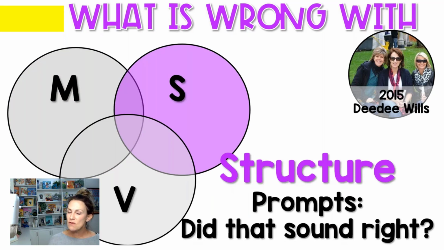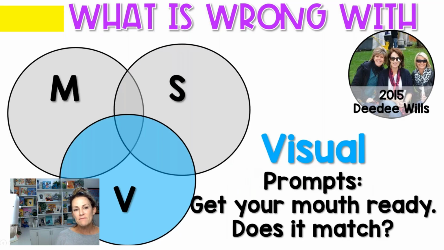If they were looking at structure, we would ask them to think about the structure of the sentence, put a word in there, and ask ourselves, did that sound right? And then visual, we might ask them to get their mouth ready and then see if that matches. Another visual in those pre-reading ages, kindergarten, maybe even 1st grade, we would ask them to look at the picture.